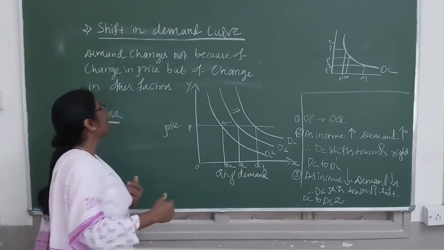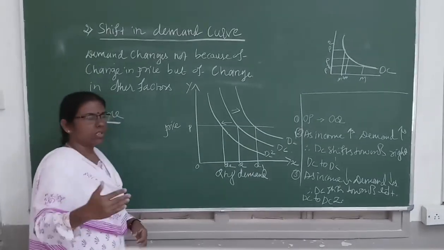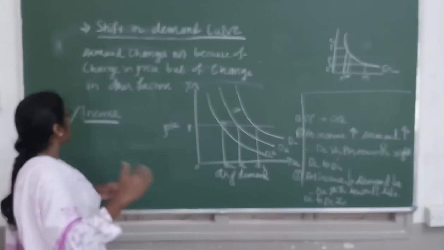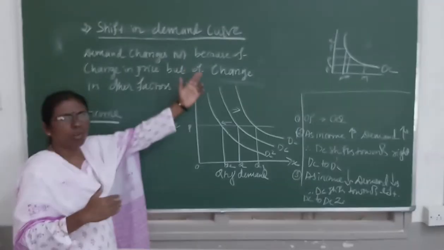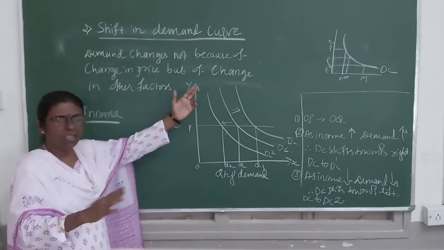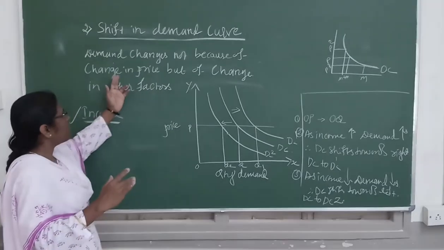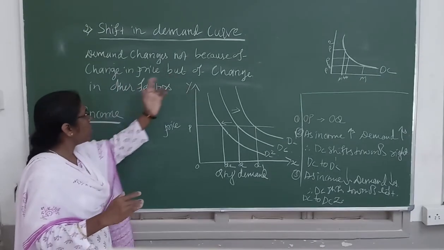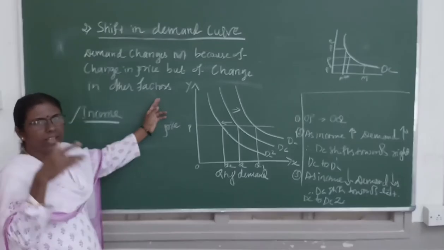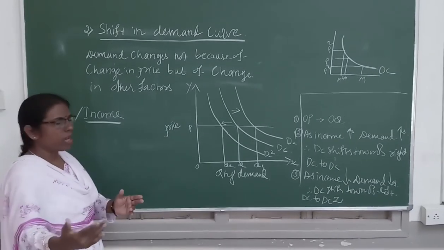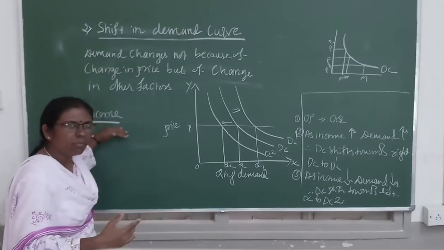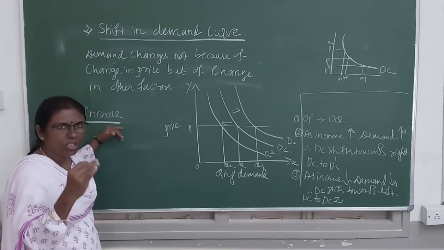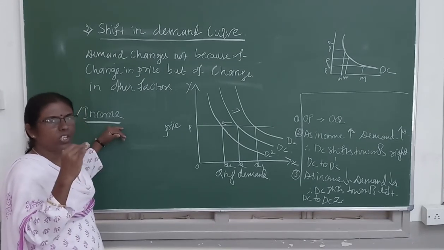Dear students, so shift in demand curve. What do you mean by shift in demand curve? Demand changes not because of a change in price, since price remains the same, but changing other factors leads to a shift in demand. So in our example, we explain the shift in demand curve with the help of changing income.